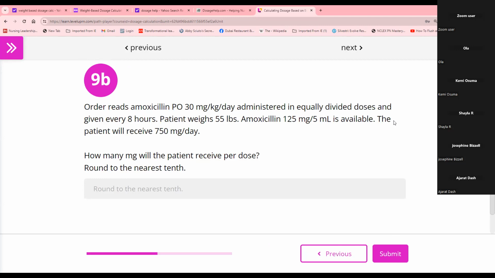I'm going to ask you most of the time for milligrams per dose. A lot of times you won't even have to break it down because it's only going to give you the weight and the desired dose, but you should know how to do the whole thing. They look a lot harder than what they are, right? Just steps.